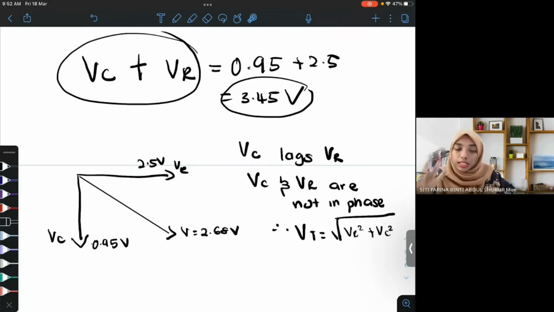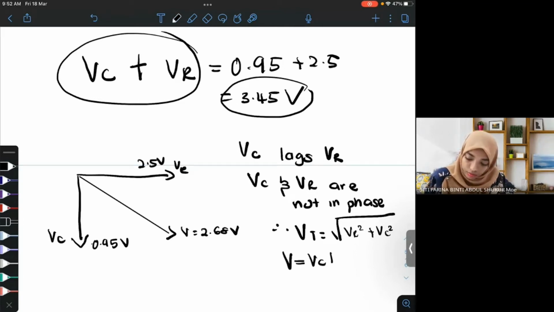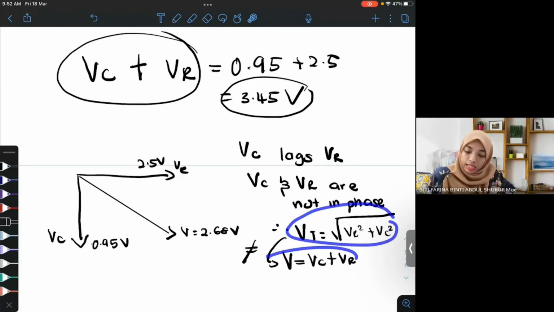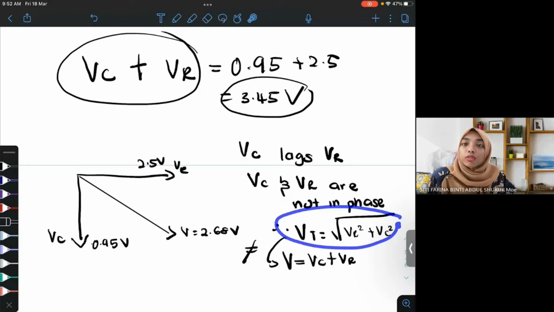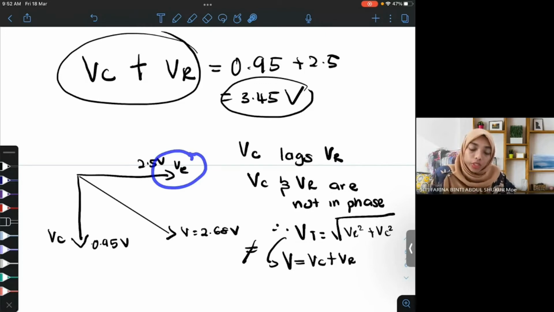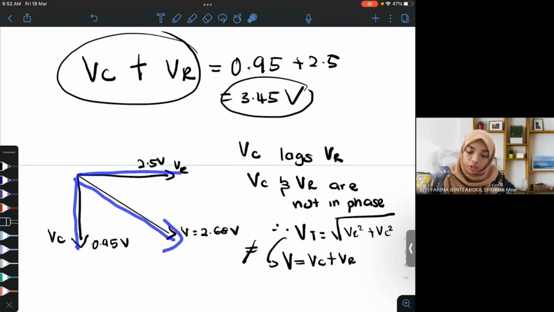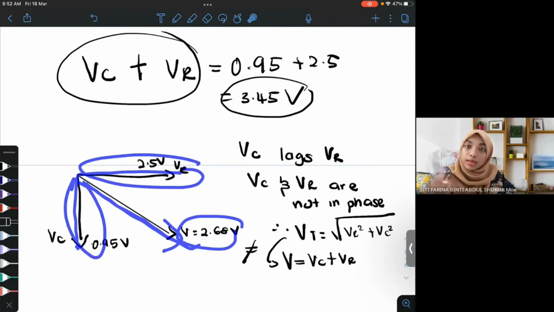These two are not the same. The way to find the correct V total is this. We use VR square plus VC square, then square root, because VR sits along the X component and VC sits along the Y component. They are two different components. When one person is pulling to the right and another is pulling down, you will move in this direction. That is why you get V total in this direction, because your Vs are not along the same component.